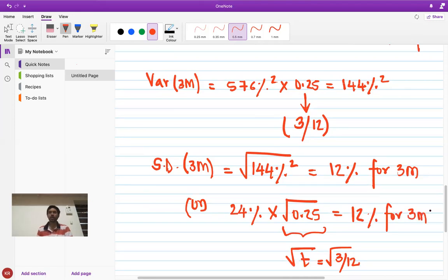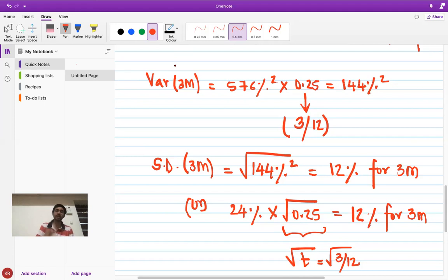So one way of doing it could be to calculate variance the way you calculated mean: 10% for 1 year means 5% for 6 months. Similarly, you can do that for variance. You cannot do that for standard deviation. If you want to bring standard deviation in terms of 3 months time period, you cannot multiply it by 3 by 12.